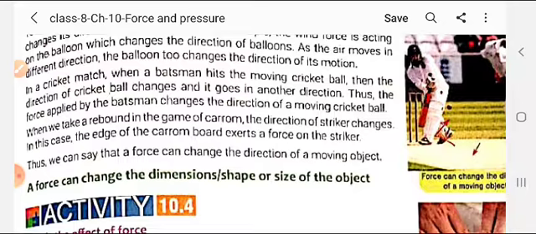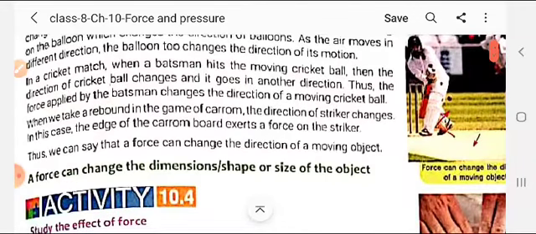That means by applying force, the batsman has changed the direction of the ball. So here you can see, student, by applying force, he is changing the direction of that moving ball. This force applied by a batsman changes the direction of a moving cricket ball.